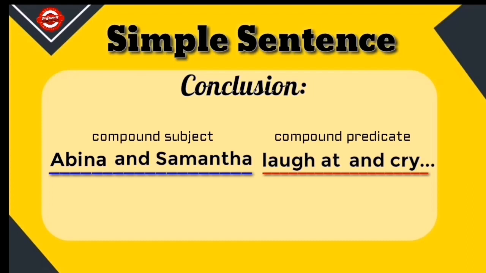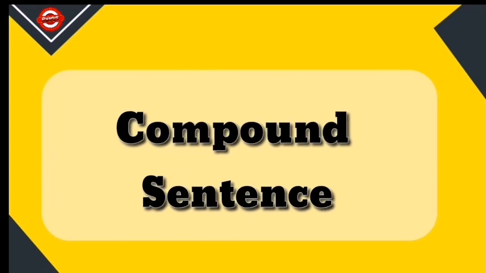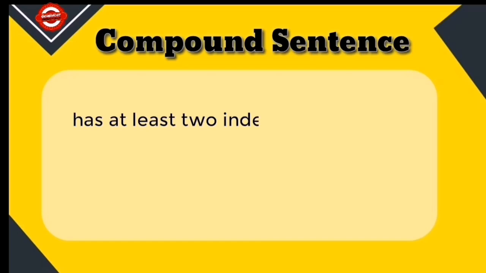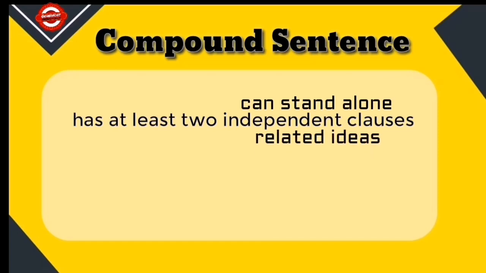So let's proceed to the next type of sentence according to structure, and that is the compound sentence. A compound sentence has at least two independent clauses, meaning to say, this consists of two groups of words that can stand alone and have related ideas.